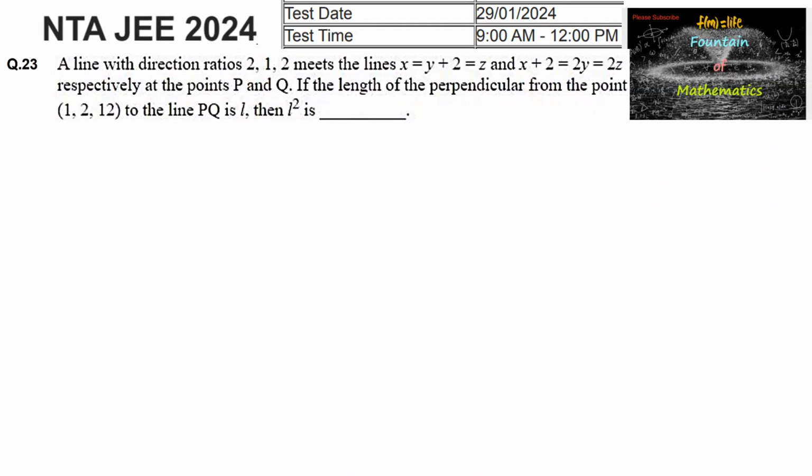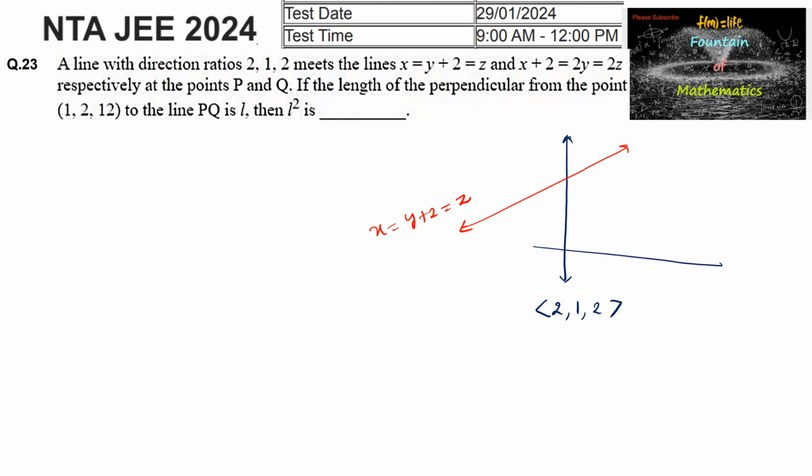A line with the direction ratios 2, 1, 2 meets the lines x is equal to y plus 2 is equal to z, and another line x plus 2 is equal to 2y is equal to 2z at the points P and Q respectively.